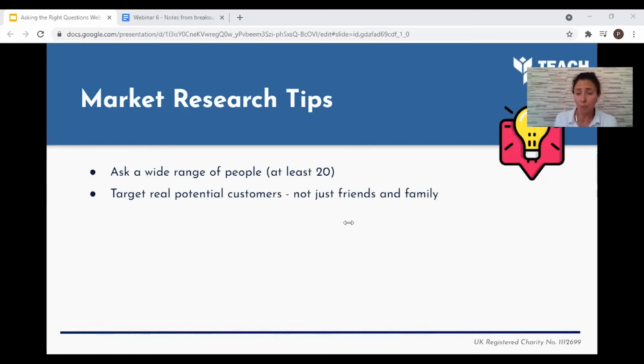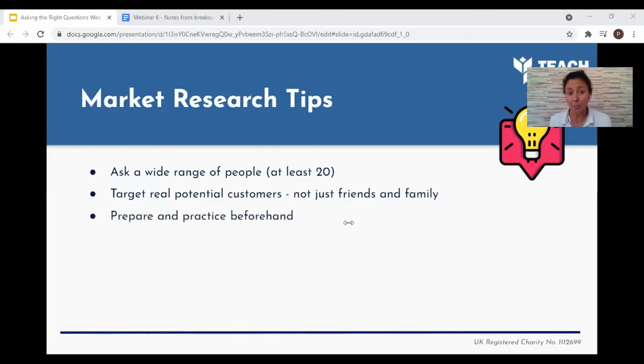Try to target real potential customers, for example, people in the market where you think you will sell your product or service, not only your friends and family. Yes, they are close to you, but they are not necessarily part of your target market. The more people you speak to, the better your market research insights will be.